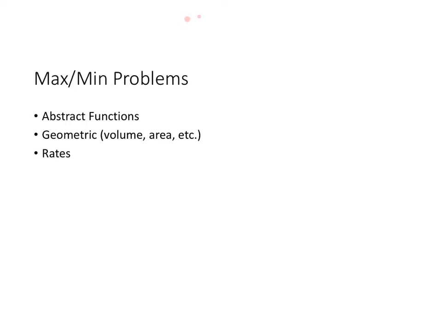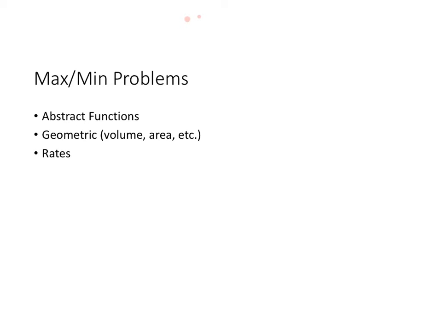Now, I know this lesson is referred to as optimization, but in reality what it is are max-min problems, and they pretty much fall into three different categories. The first is abstract functions, and these are cases where you're given a particular function and you're asked to find either the absolute max or the absolute min over a certain range. Okay, the second and probably the most common variety are geometric.